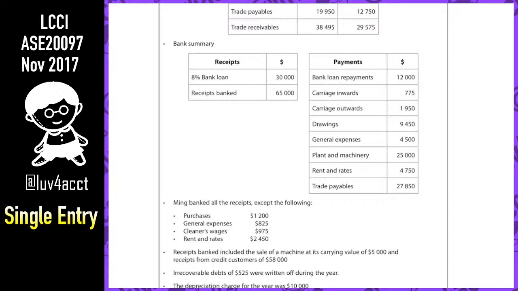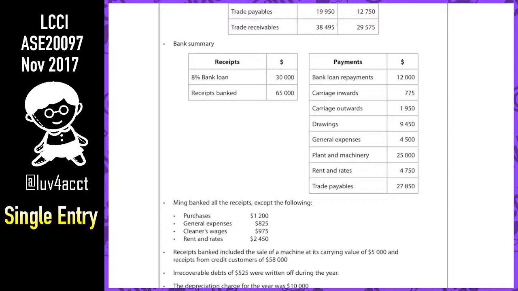Okay, and then payments. We have bank loan repayments of 12,000. We have borrowed more bank loan as well as payment. And then carriage in, carriage out. Drawings. General expenses.